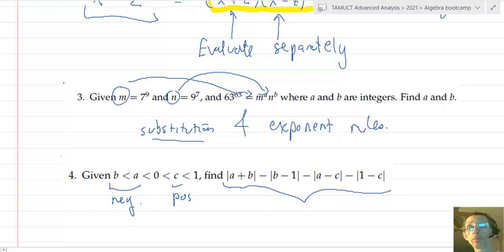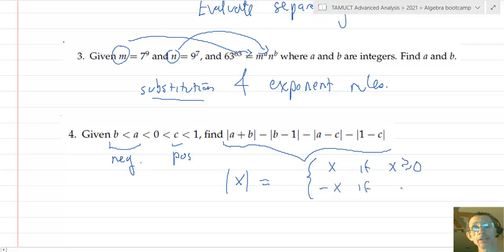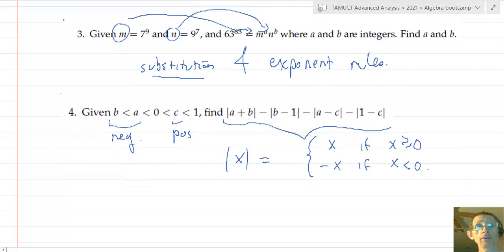Now we remember the meaning for absolute value. The absolute value of some expression x can take two values depending on the sign of x. It's equal to x if x is greater than or equal to 0. It's equal to minus x if x is less than 0. All right? Now, here we have absolute value of a plus b.